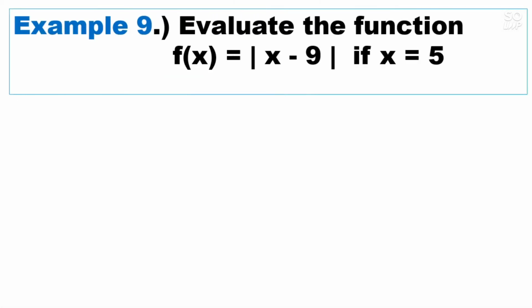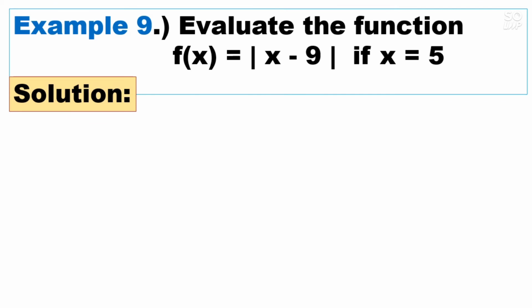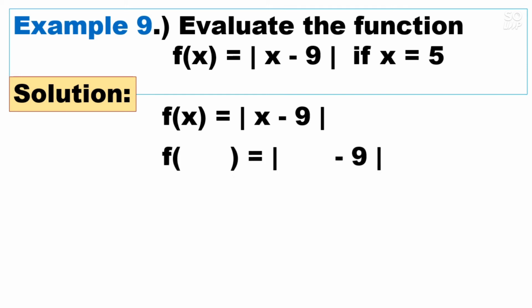Okay, next, number 9 example. Evaluate the function f of x equals the absolute value of x minus 9 if x is equal to 5. Pag sinabi nating absolute value means it is always positive. So now we have f of x equals the absolute value of x minus 9. Okay, replace x by 5.